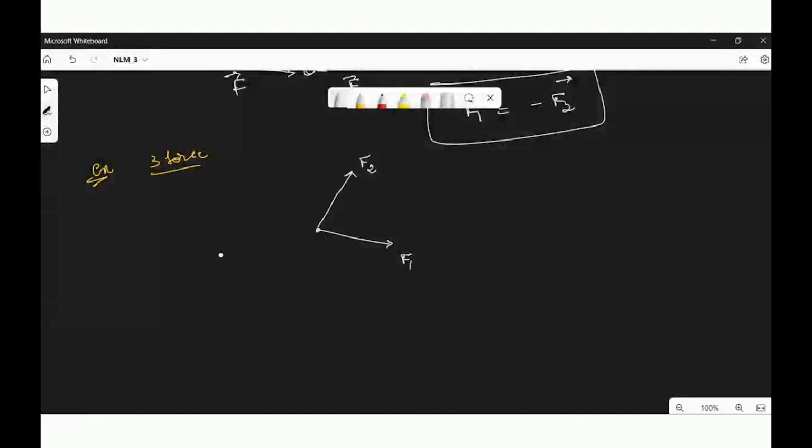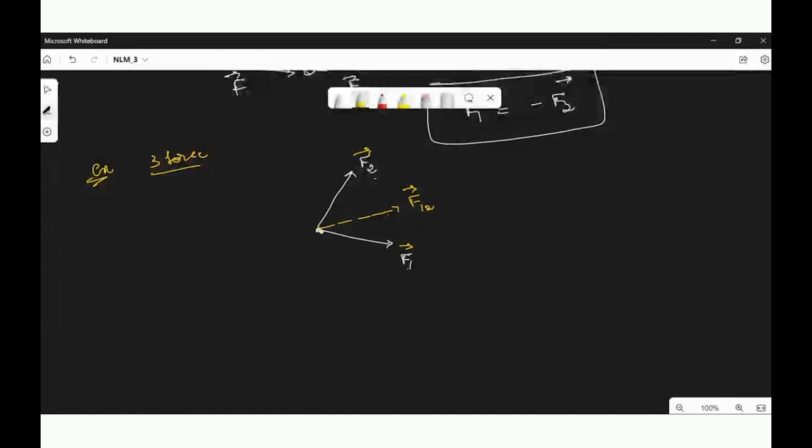Where will the resultant of these two be? Somewhere in between. I'll call it F12. It need not be exactly midway; it depends on whether F1 or F2 is greater. You can use the tan theta formula: tan theta equals B sin theta by A plus B cos theta.